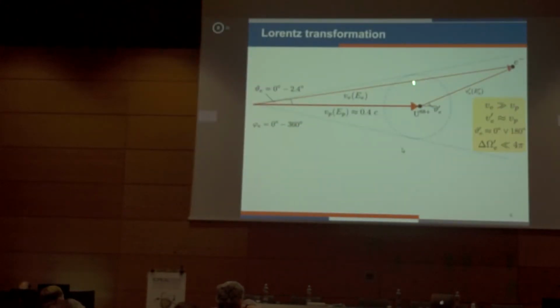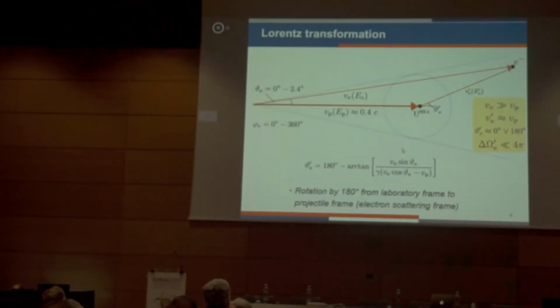Now, if the electron is much faster and is fast compared to the projectile, we can only see a small angle of the electrons. And this, later we will see, has a strong influence on the electron distribution which we observe. So there's an angular transformation, and it's important that we rotate the laboratory frame to the projectile frame by 180 degrees.